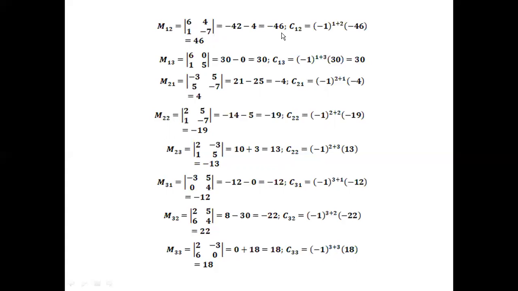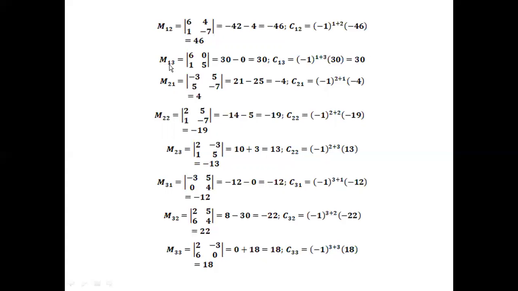This is the value of the minor of element A12. Now the cofactor C12 is equal to minus 1 raised to 1 plus 2. Here 1 plus 2 is 3, which is odd, so the value is a minus sign. This first minus sign and this second minus sign become plus. So the value of the cofactor is plus 46.